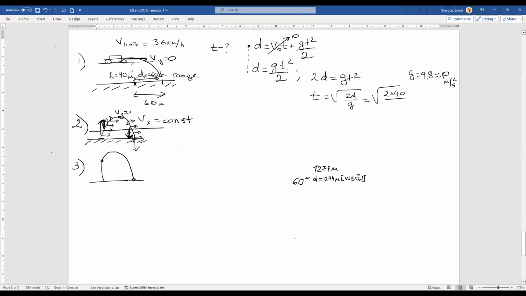So when you divide by 10, what you'll get? Square root of 8, 2.8. Okay, so 2.8 seconds. So the car was falling down 2.8 seconds.